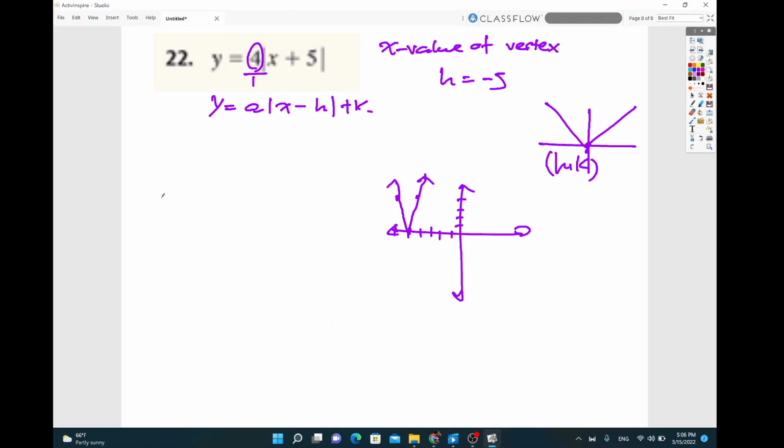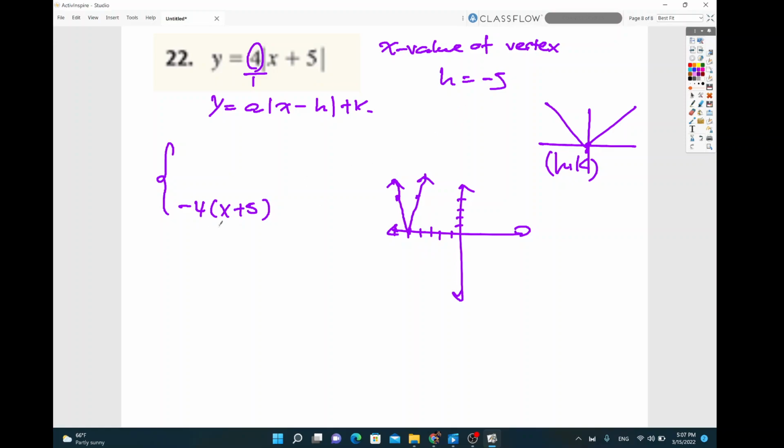By the time we separate the function into a piecewise function, the first half has to be the one from the negative, because the slope here is negative, going down. So with the negative slope, we start off with negative 4 times the quantity of x plus 5. Again, we want to keep the same consistency with the vertex, which is at x equals negative 5.